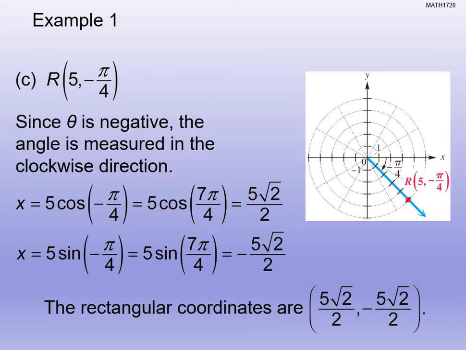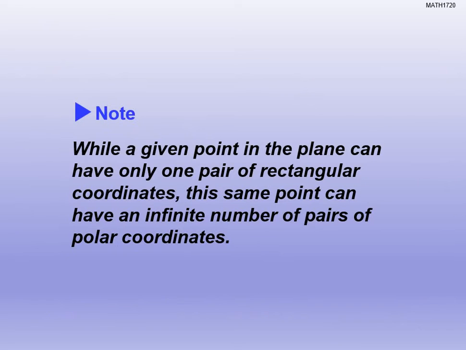And we get 5 sine of 7 pi over 4. So where does the 7 pi over 4 come from? Remember, the -pi over 4 is what puts us in the 4th quadrant. The 7 pi over 4 actually puts us in the 4th quadrant, but in a positive manner. So the rectangular coordinates for this one come out to 5 square roots of 2 over 2 and -5 square roots of 2 over 2.